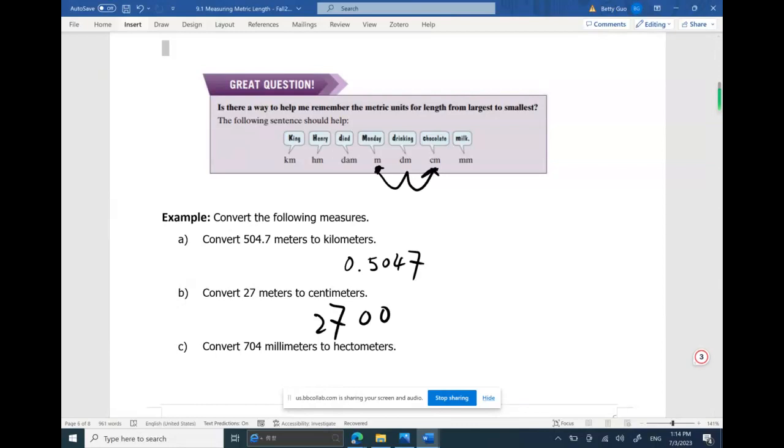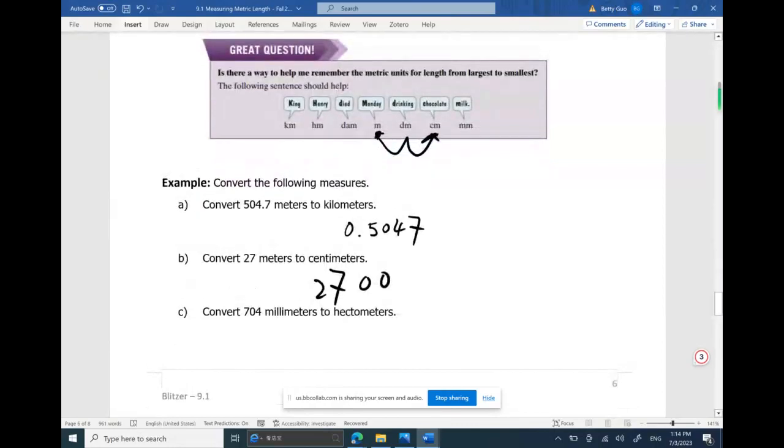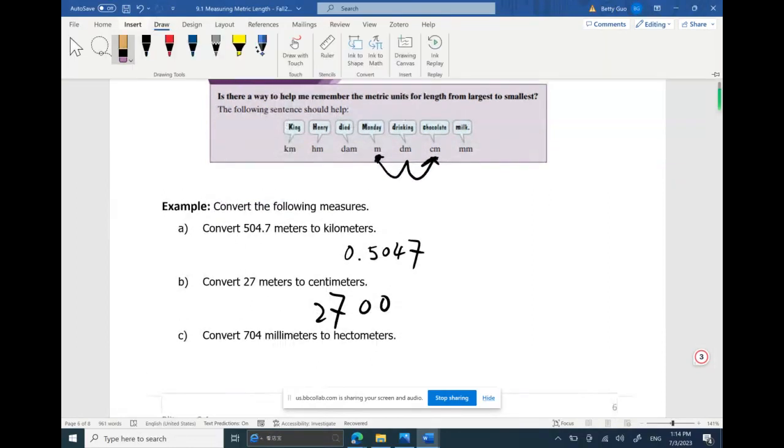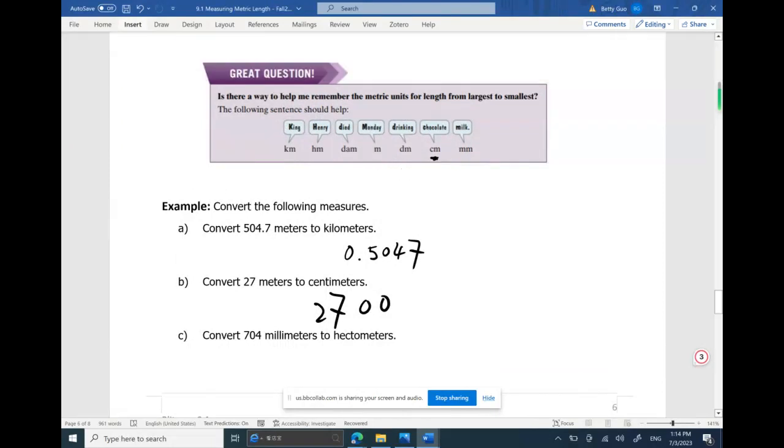Part C, convert 704 millimeters to hectometers. My pronunciation might not be very accurate, and you can totally Google it.